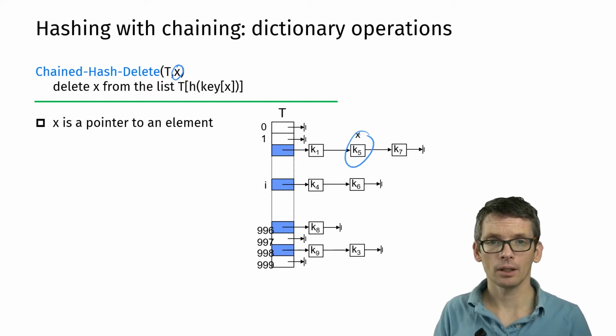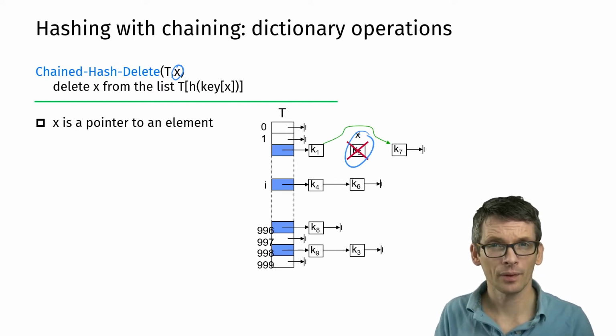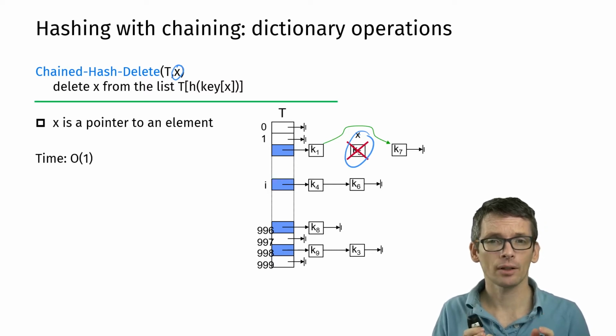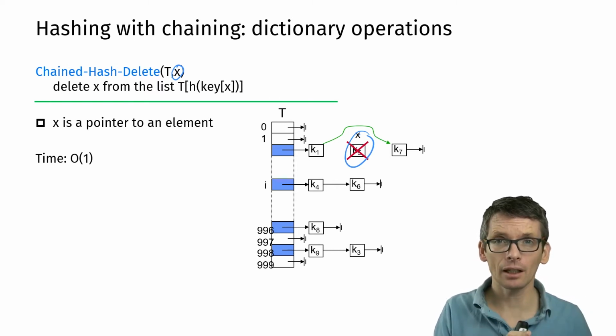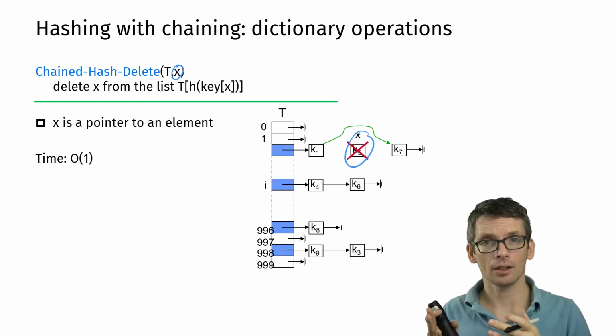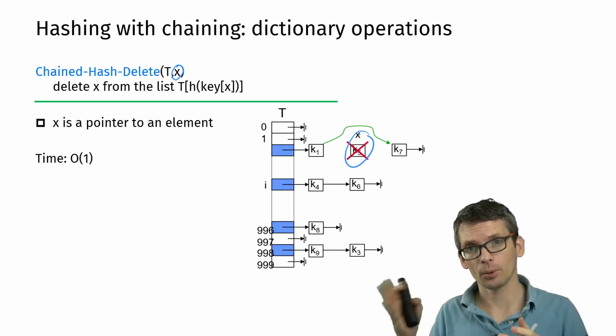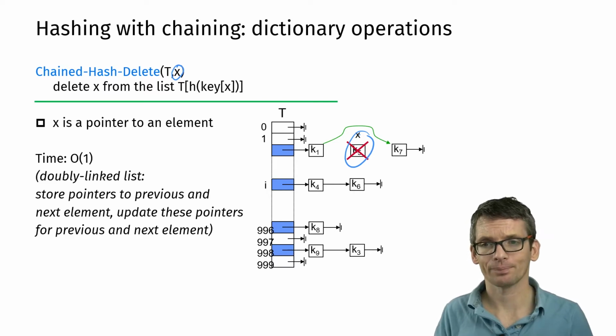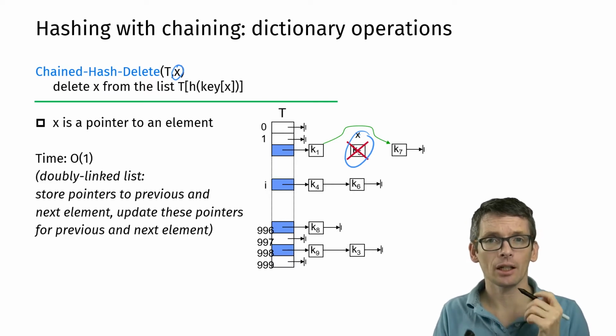Now we simply delete it. We have to be careful here. Is deletion that simple? Can we do it, as I now claim, in constant time? Yes, we can, but we have to be careful that we don't take a singly linked list, but a doubly linked list, because with a doubly linked list we can access the previous, and with that easily delete the element X. So we have insert and delete in constant time.